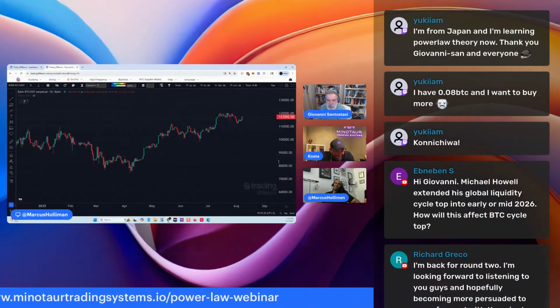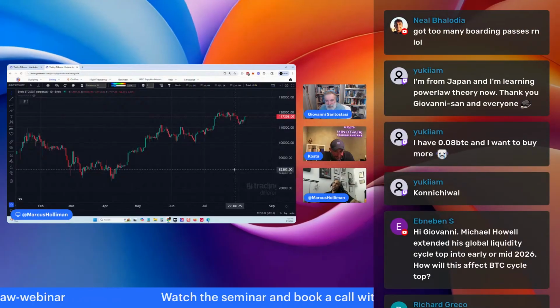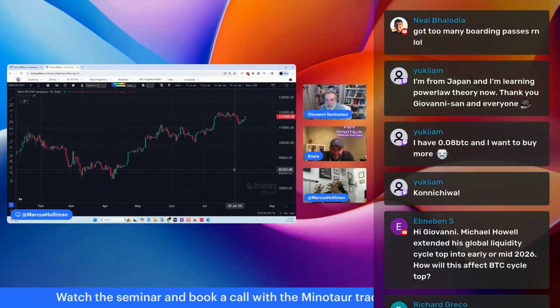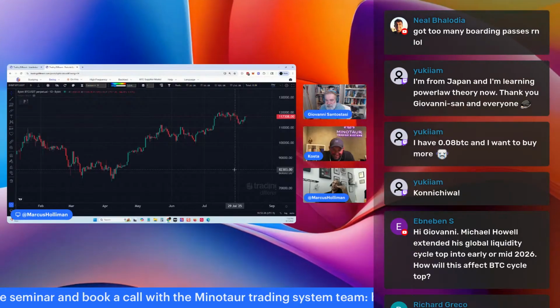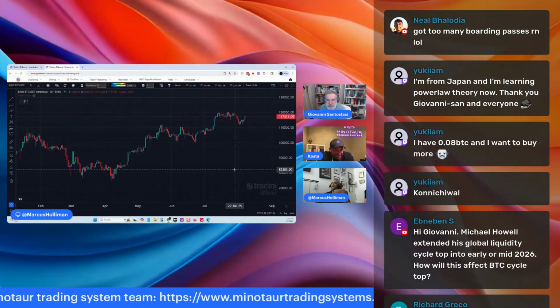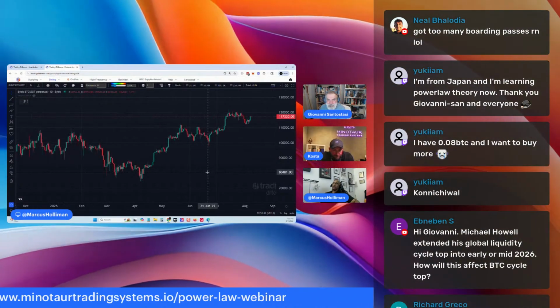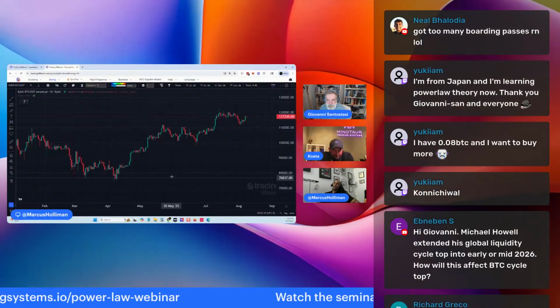All right. So I always like to start with just a regular TradingView chart to kind of hone the visual representation here. I like to make complex things very simple. If it can't be simple, then it can't be effective. We overcomplicate things. So this is a very simple chart of Bitcoin.